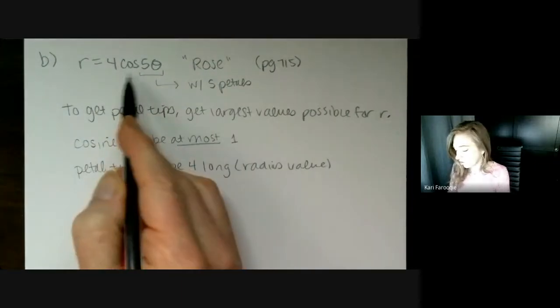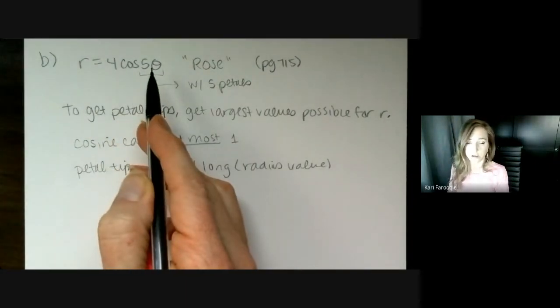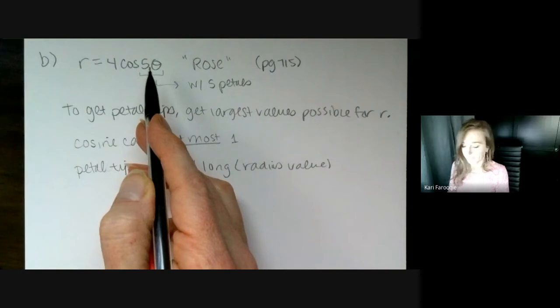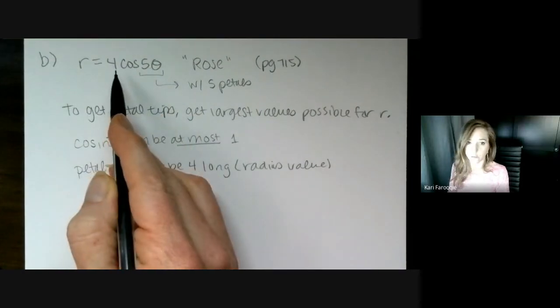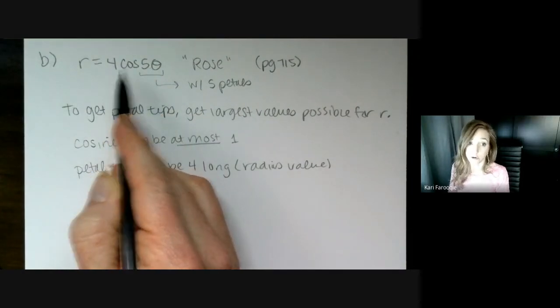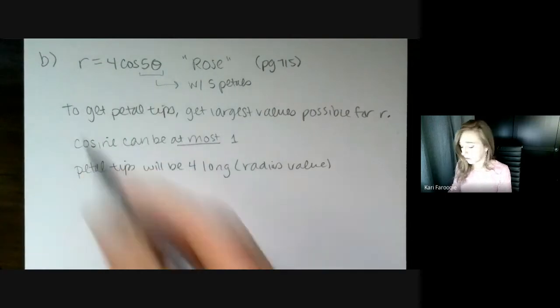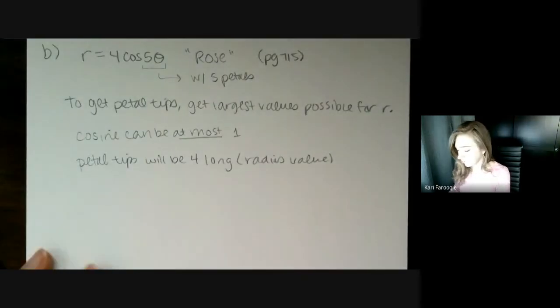So we want cosine to be as large as it possibly can be. Cosine can never be greater than 1. And then when you multiply that by 4, your radius value can never be greater than 4 times 1, which is 4. So we're going to figure out where that's going to happen.